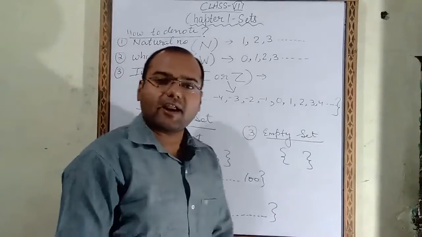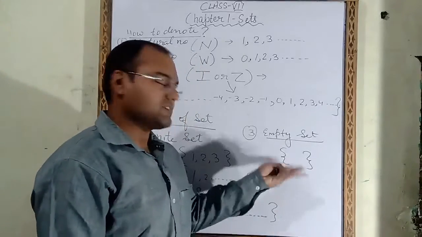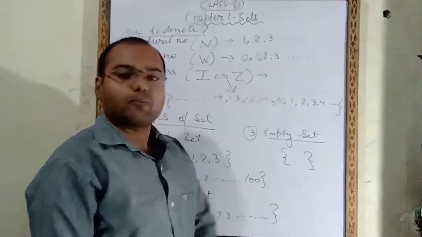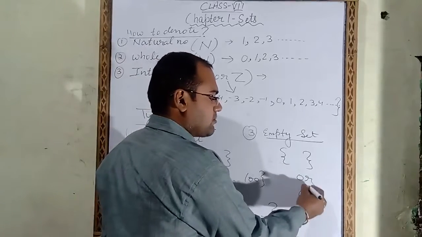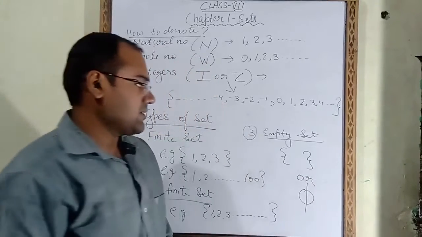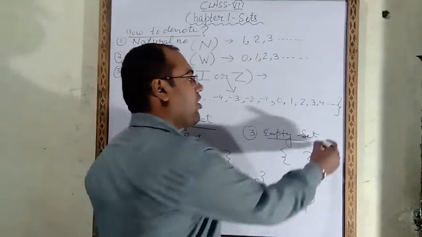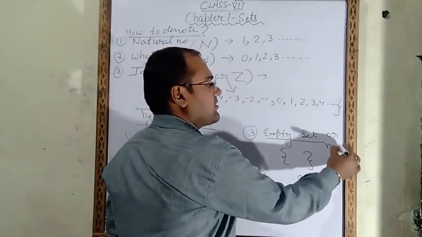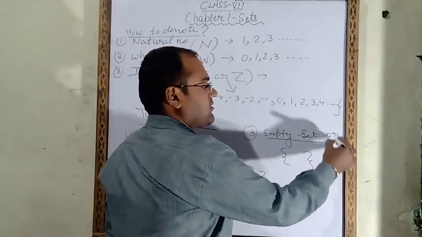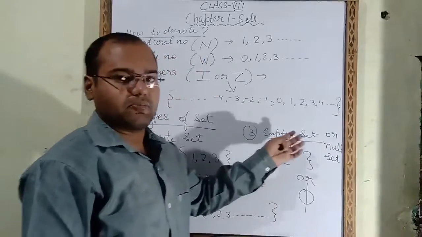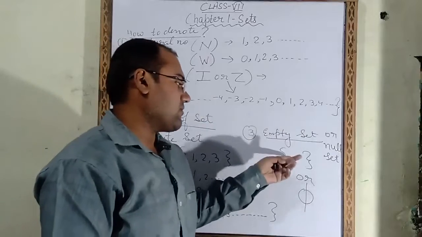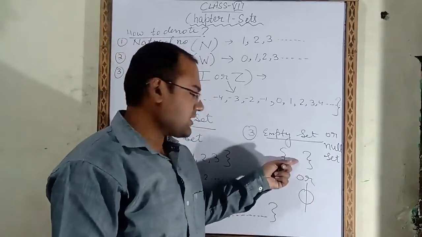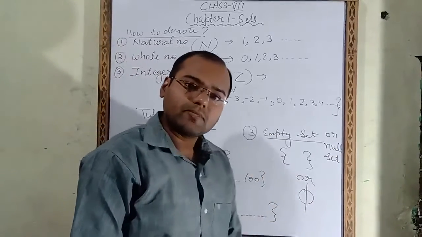Inside this we will not write anything. That means nothing is there in this bracket. That means it is an empty set. Or we can denote an empty set with this symbol also. We will call it either an empty set or a null set. So to represent an empty set, we have to use either this empty bracket or this symbol.